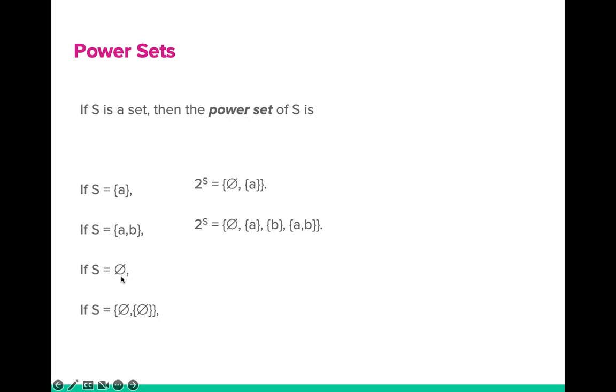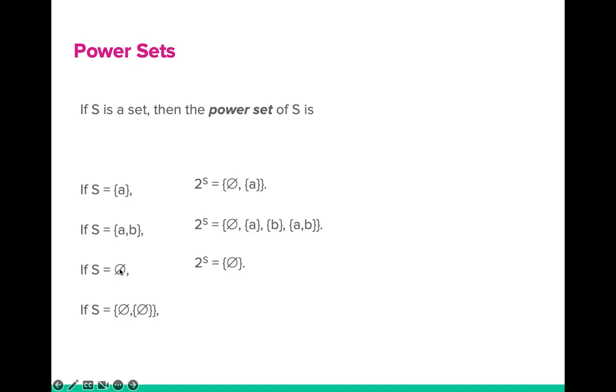Now, if S is an empty or a null set, so what would be the power set? So it would be an empty set containing an empty set, since an empty set is a subset of all sets.